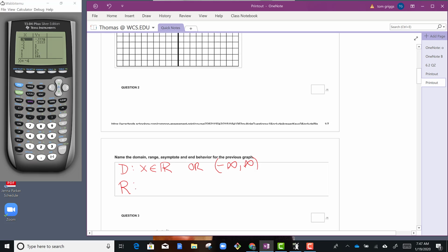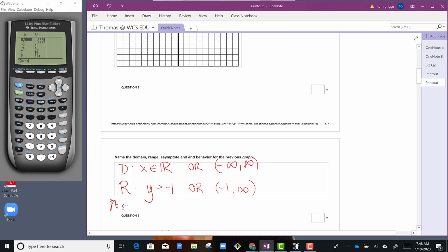The range, it does not go up and down forever. The asymptote stops it. So it's greater than -1. You notice I didn't put or equal to because it never actually touches the asymptote at -1. So the range is from -1, and it goes up infinitely to infinity.